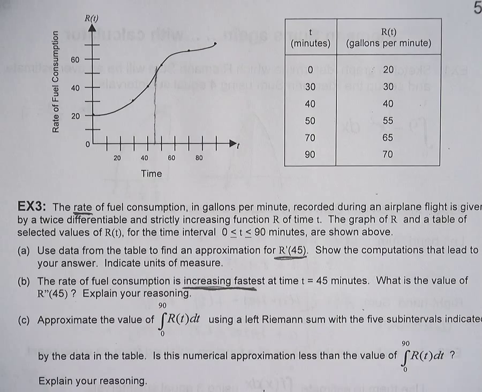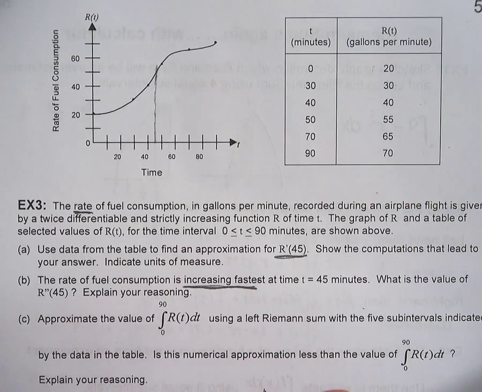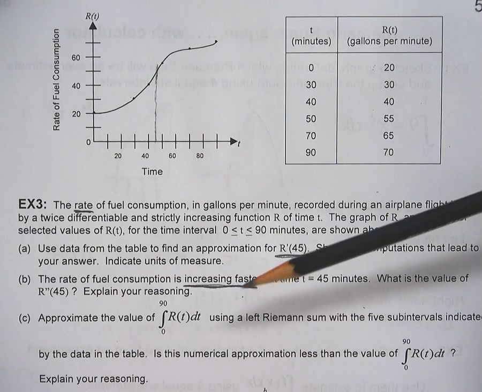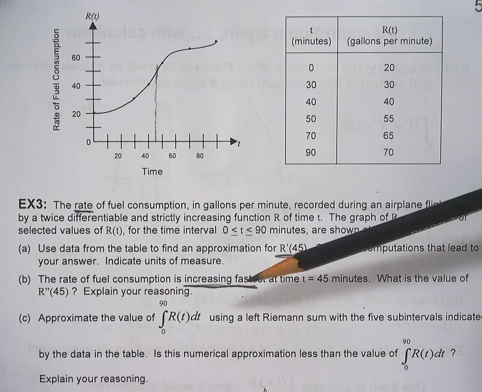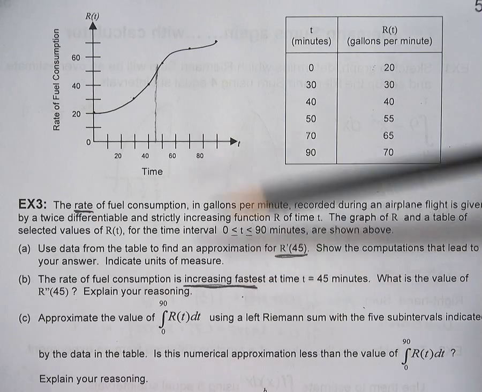Well, if r prime is your derivative, right? R prime is the rate of fuel consumption of r of t. Since the rate of fuel consumption is increasing fastest, that means your slope is greatest here.